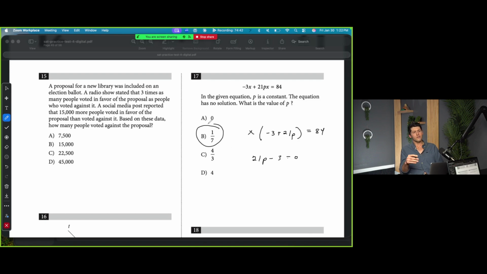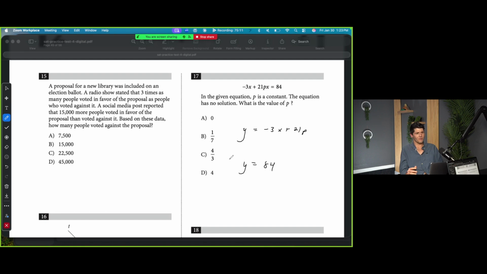Really good. So this idea of no solutions really baffles people in linear settings. Sometimes I'll just talk about slopes, right? I'll break this one equation into 2 equations, which feels like I'm adding an extra layer of complexity, but this happens on the test in other places. So we'll say there's a line y equals negative 3x plus 21px, and there's another line y equals 84.